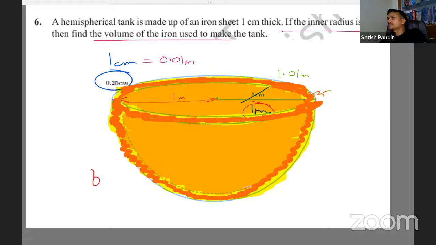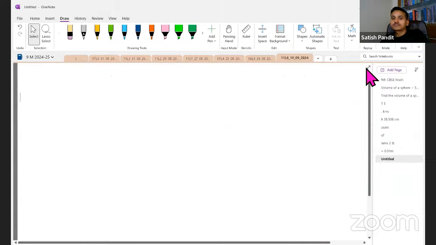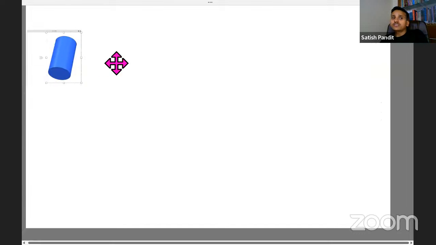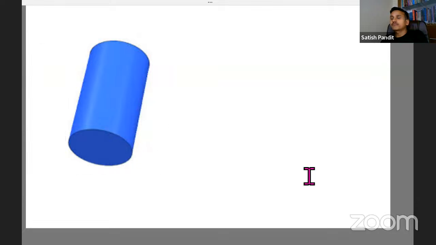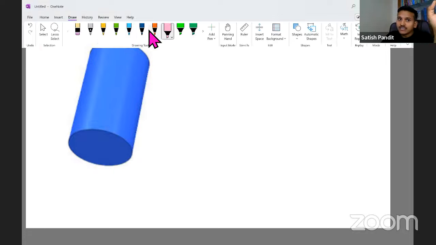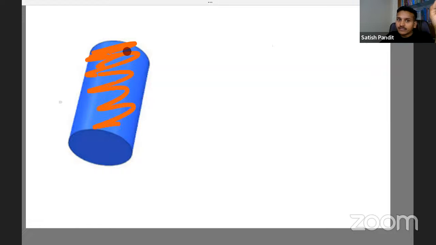What is this, Lokajit? So this is the cylinder. Solid cylinder, correct? See, volume of the solid cylinder is this entire thing. The entire is solid, right? So that is a volume.